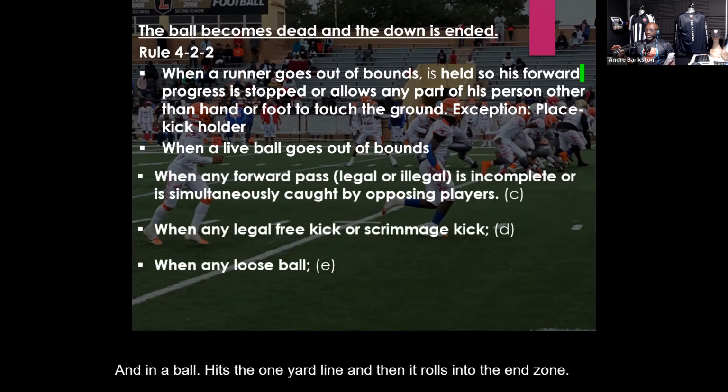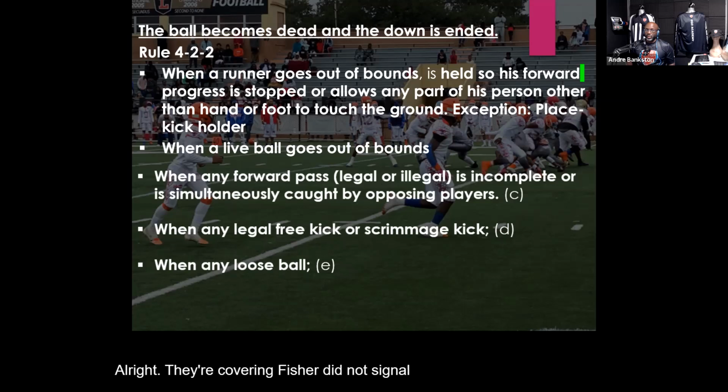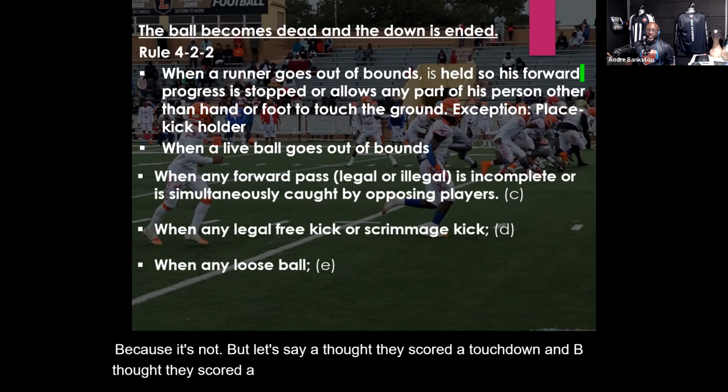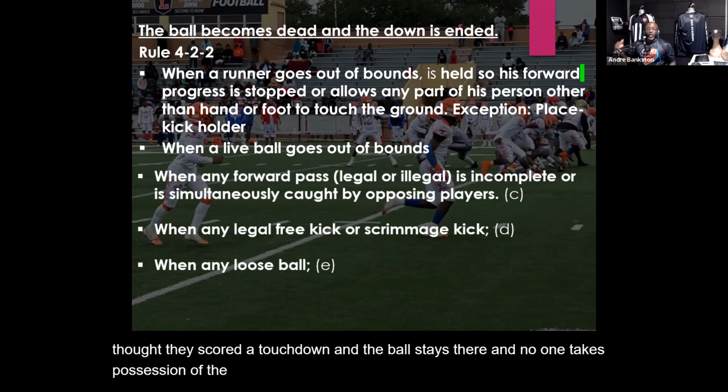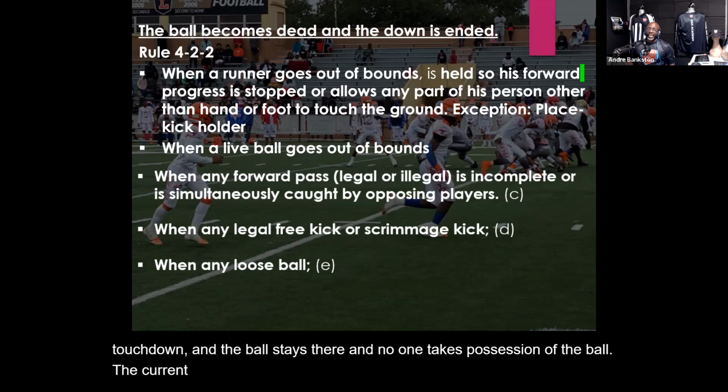Right? The covering official did not signal touchdown because it's not. But let's say A thought they scored a touchdown and B thought they scored a touchdown, and the ball stays there and no one takes possession of the ball. The covering official is going to rule it dead and then give A a touchdown.